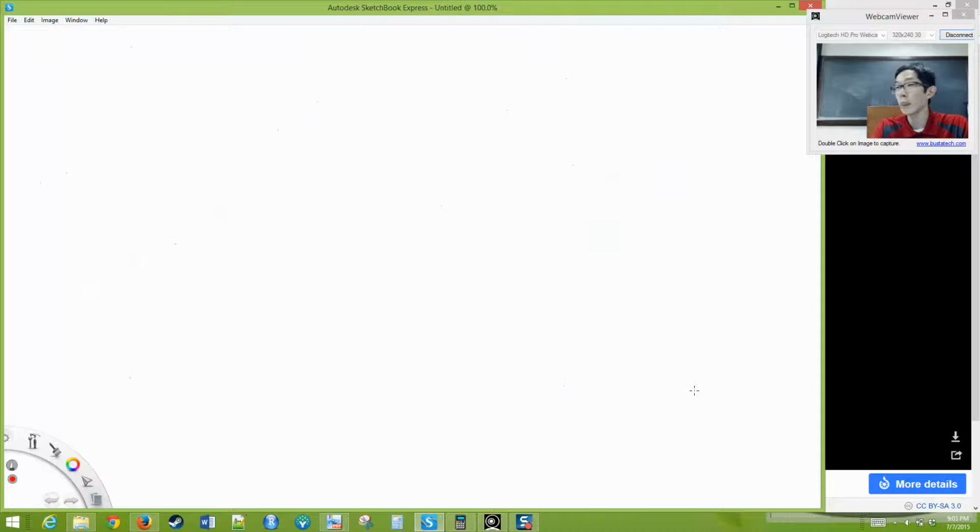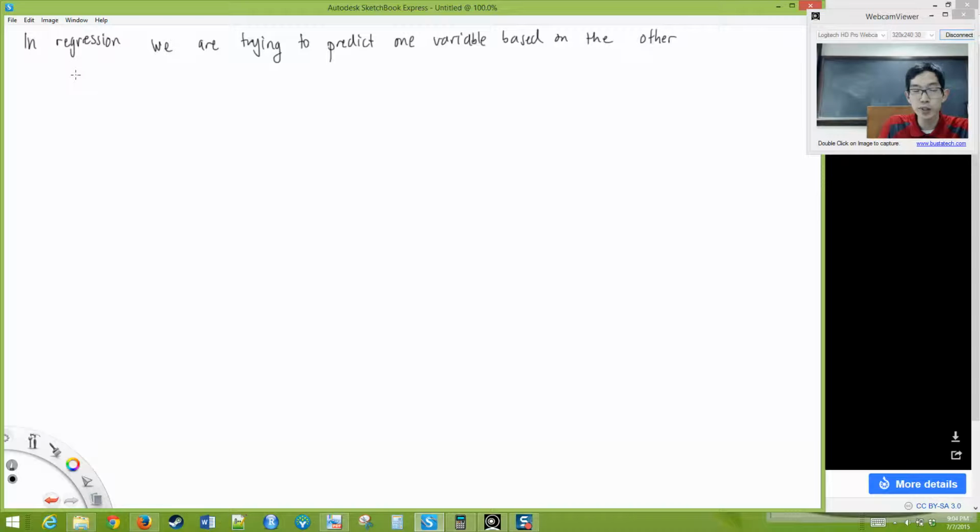Okay, so in regression, we are trying to predict one variable based on the other. Okay, the one being predicted, the variable we predict, is called y.